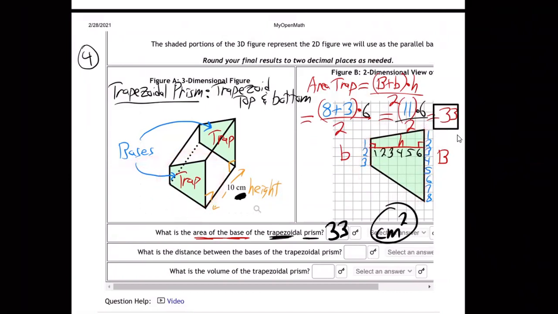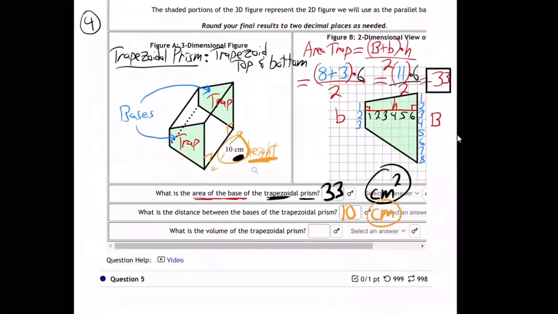So we've got two-dimensional bases and three-dimensional bases. The big B and the little b are bases on the trapezoid. And then when we get to the three-dimensional look, the whole trapezoid is called the base in the volume formula. So we've got to keep all those straight. What's the distance between the bases? Well, that's that height right there, isn't it? The height, that's the 10, and that's just centimeters because that's just distance, as it says right there.